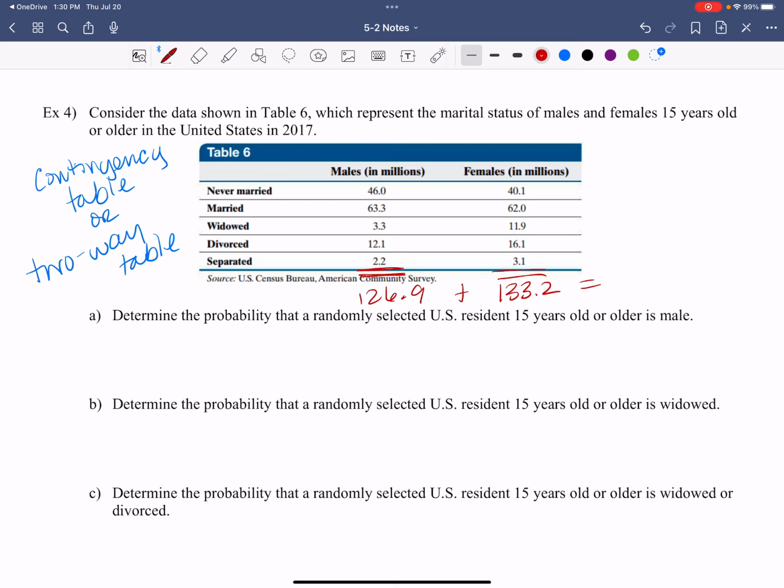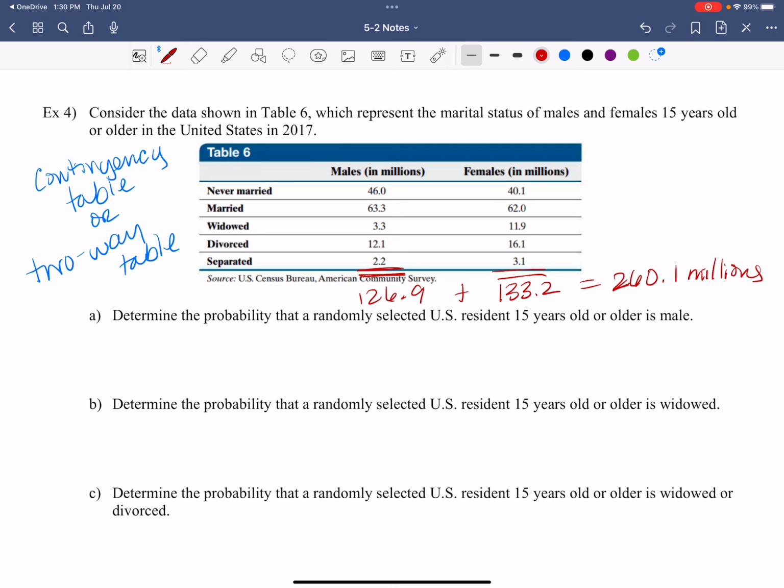So if I want to figure out how many total people we are talking about. Now, granted, this is in millions, right? But how many total people are we talking about? You add those two together, and what do you get? 260.1. Yep, and it is in millions. But it's that 260.1, which we need to know because it's part out of whole.